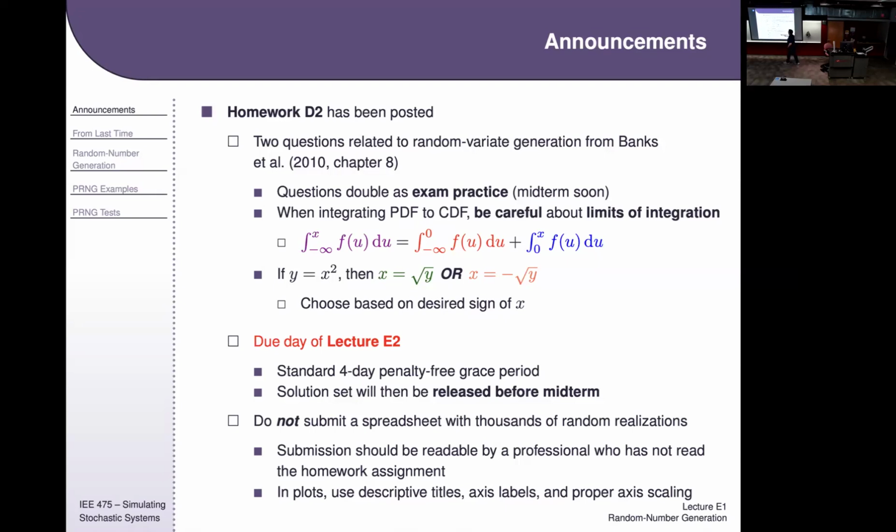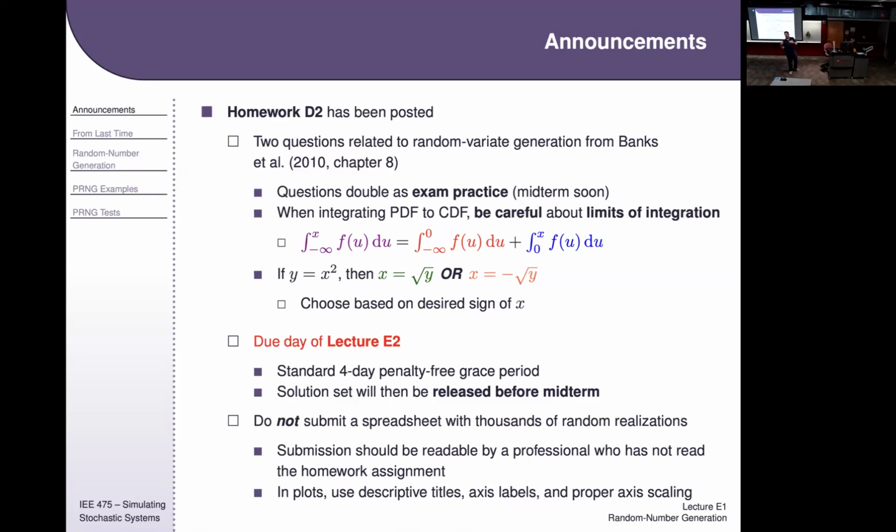So you have to choose: do I want the top side or the bottom side? And that's equivalent to saying when you take the square root of this, if y is equal to x squared, what's x equal to? X is either equal to positive square root of y or negative square root of y. You have to choose based on your application.